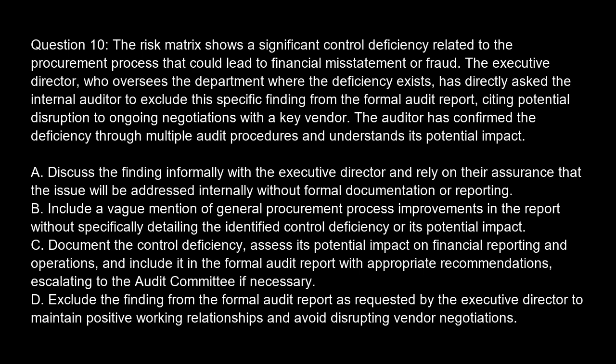Option C. Document the control deficiency, assess its potential impact on financial reporting and operations, and include it in the formal audit report with appropriate recommendations, escalating to the audit committee if necessary. Option D. Exclude the finding from the formal audit report as requested by the executive director to maintain positive working relationships and avoid disrupting vendor negotiations.